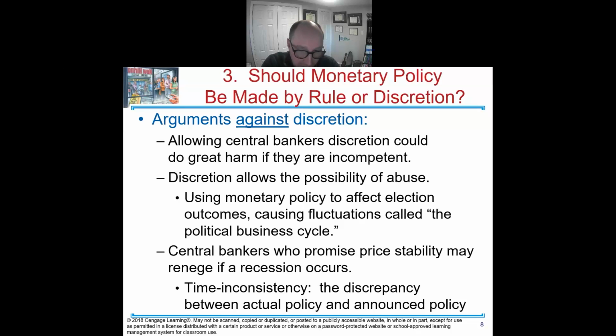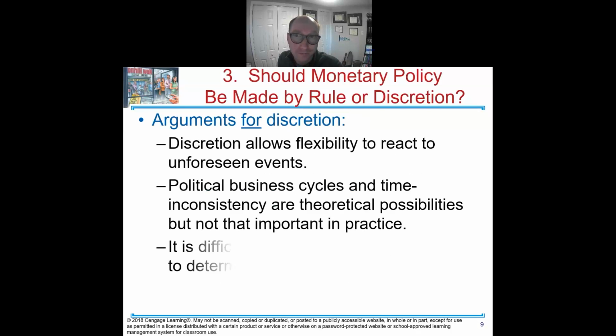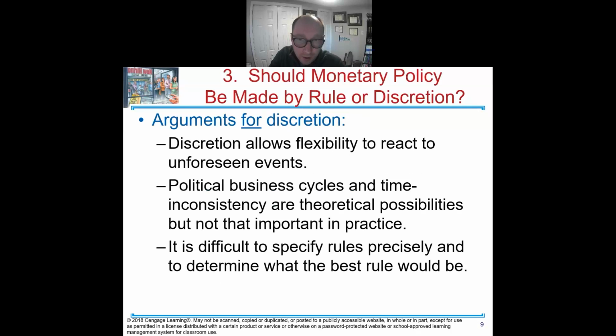So we can see that there are arguments for and against the idea of allowing the Fed and the Congress to make these types of decisions. The Fed does have some flexibility to react to unforeseen events like a pandemic, where they will lower interest rates and increase government spending to prop the economy up in the event that something happens. And they also have the ability to react a little faster than a central bank would.